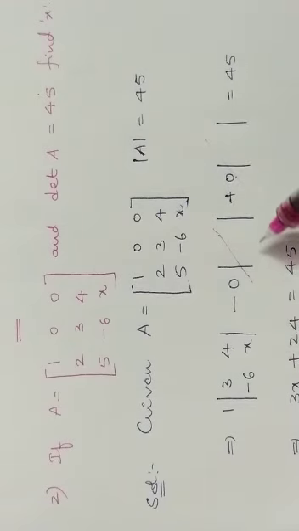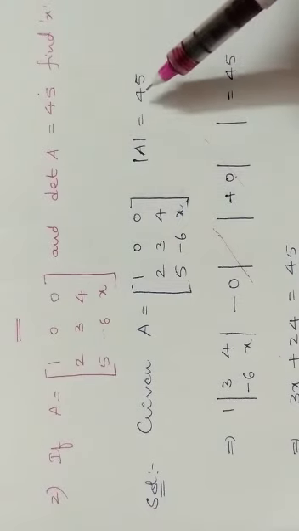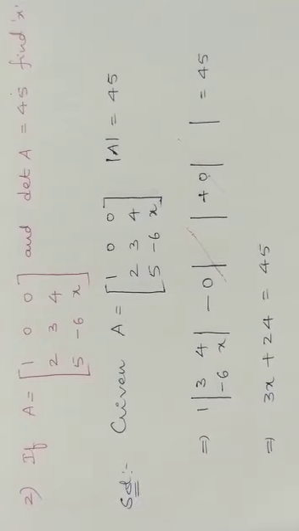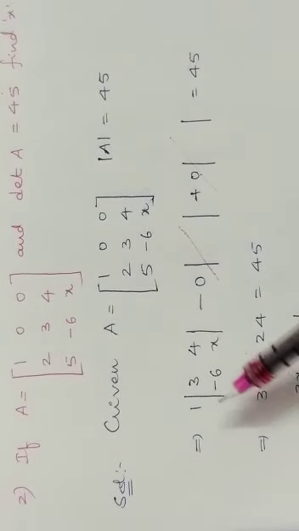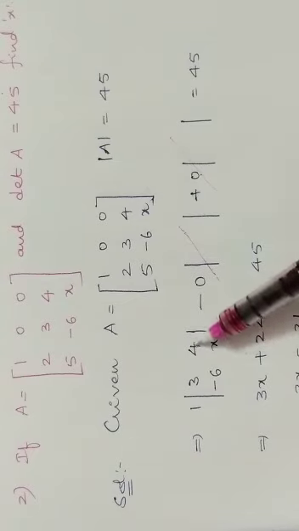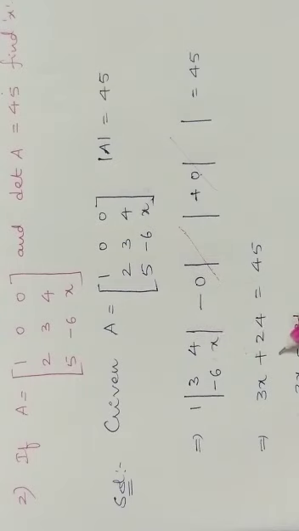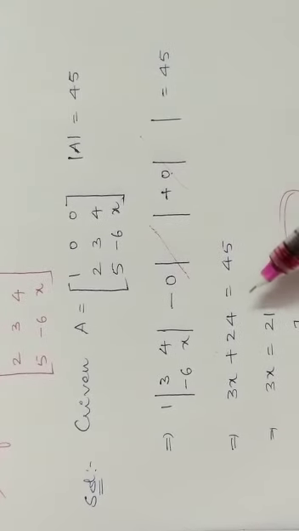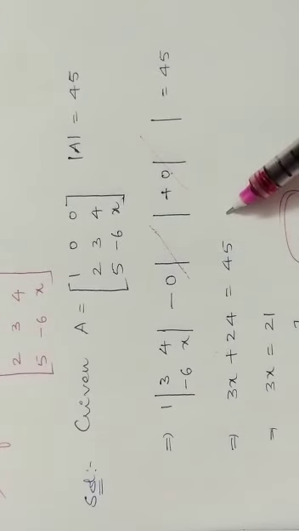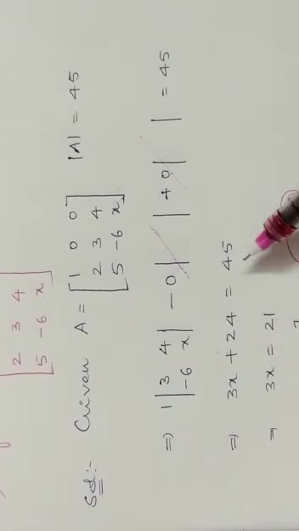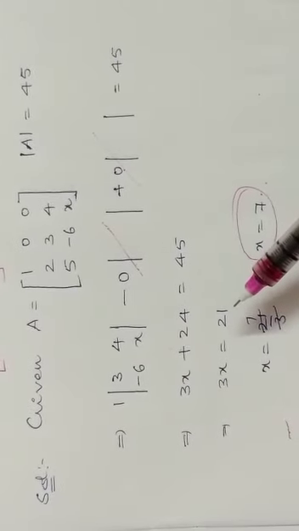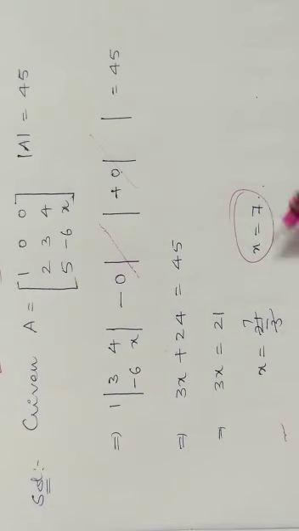They said the det value is equal to 45. 1 into 3 into x, 3x minus BC, minus 24, minus into minus is plus 24, equal to 45. Plus 24 by shifting, minus 24, 45 minus 24 is 21. So 3x equal to 21, x equal to 21 by 3, so x equal to 7.